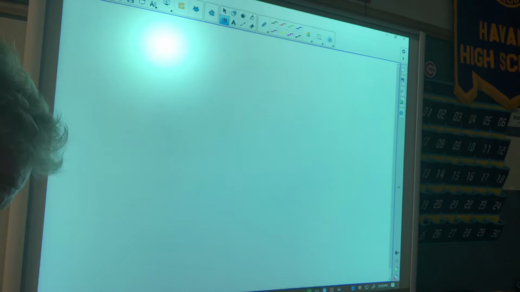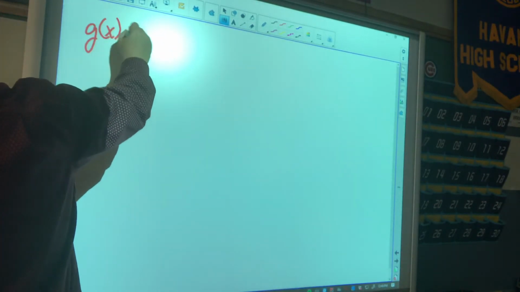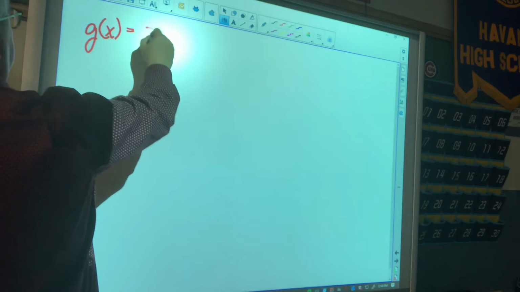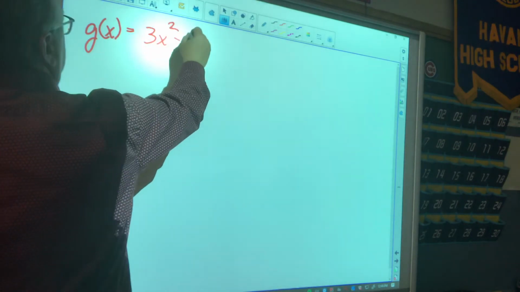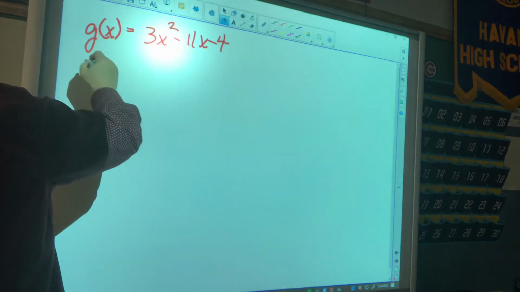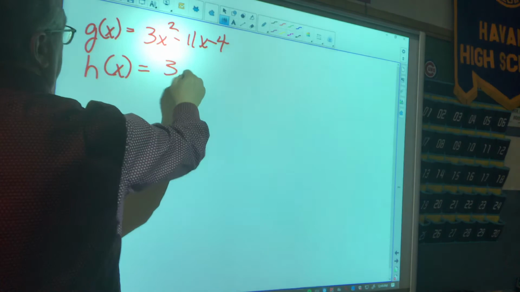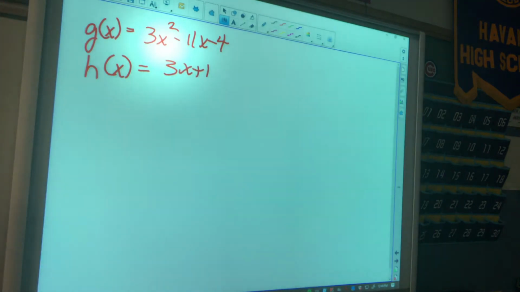Let's do another example. Say we've got g of x equals 3x squared minus 11x minus 4. H of x is 3x plus 1.